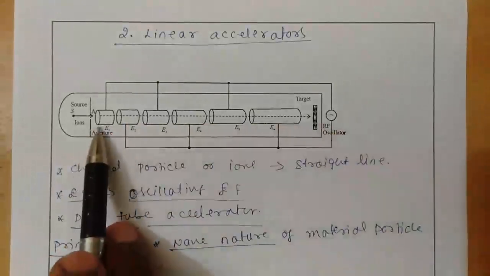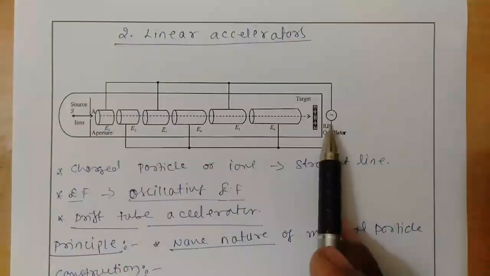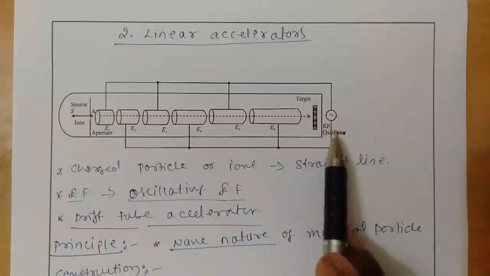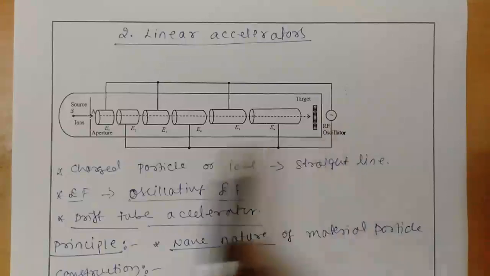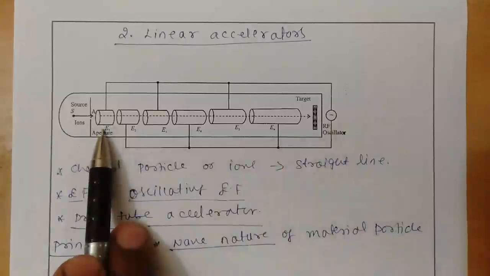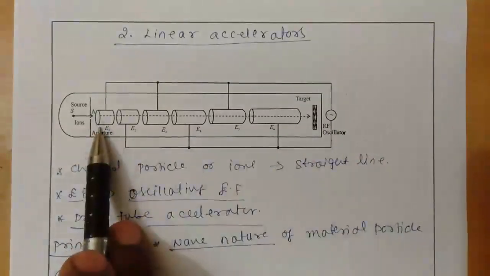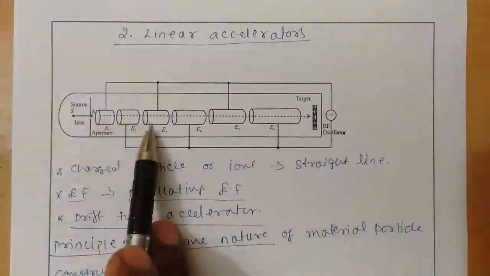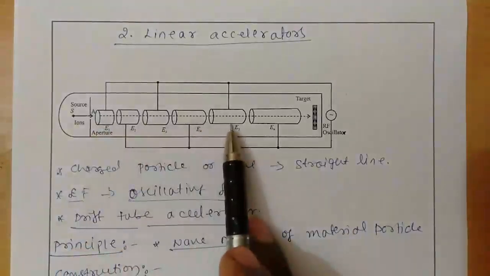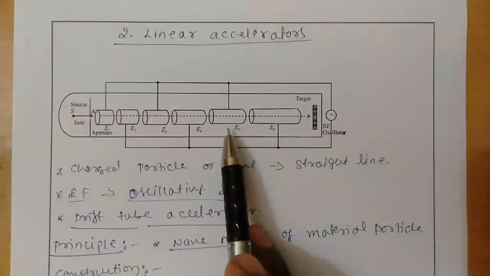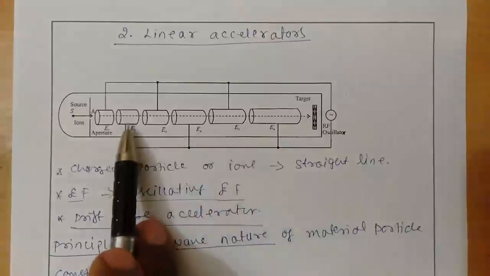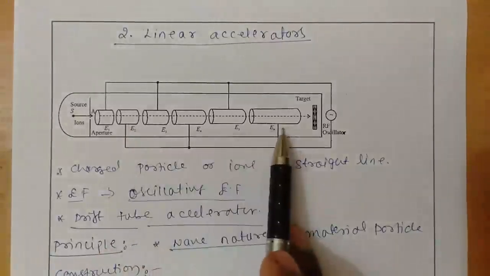Here we are adjusting the frequency of this radio frequency oscillator such that during the first half of the cycle, if the first tube is positive, the third and fifth tubes will be positive. That is, all the odd tubes will be under positive potential and all the even numbered tubes, second, fourth and sixth, will be under negative potential.